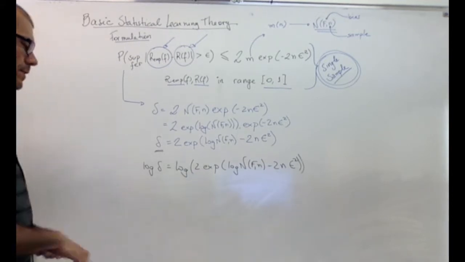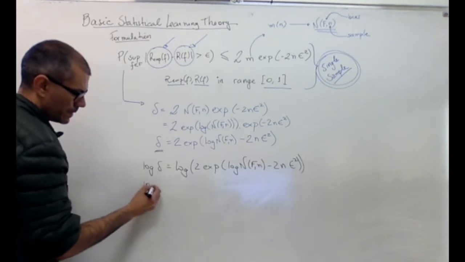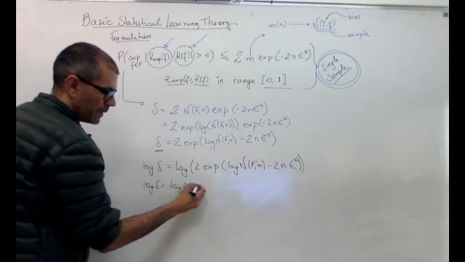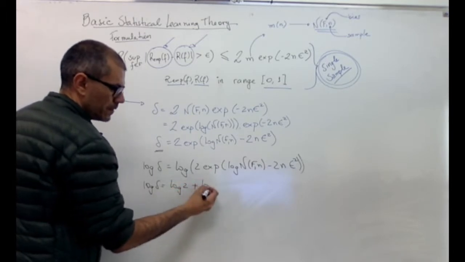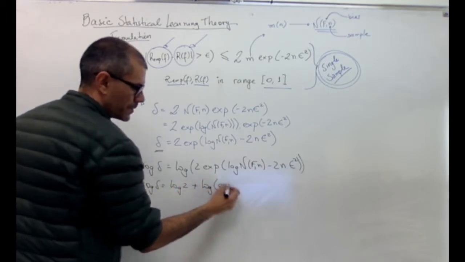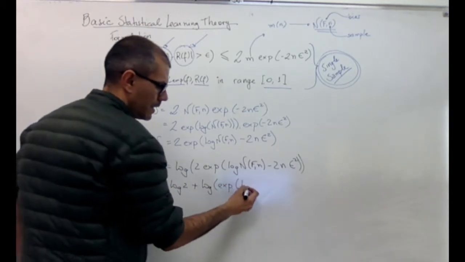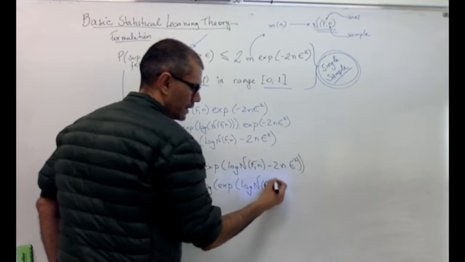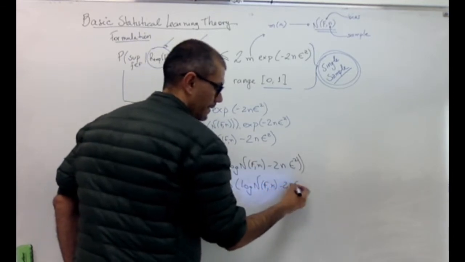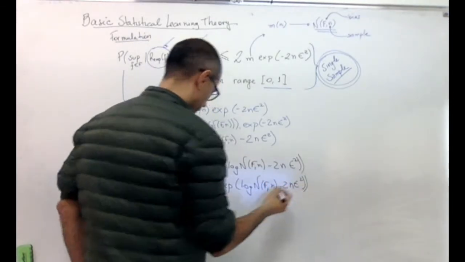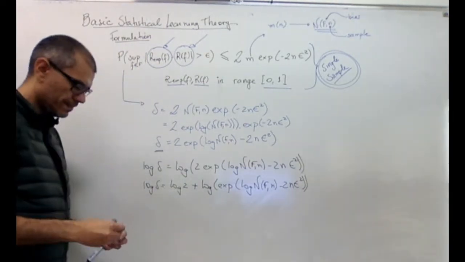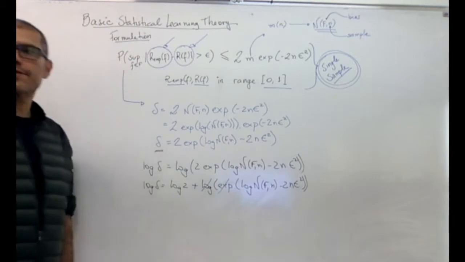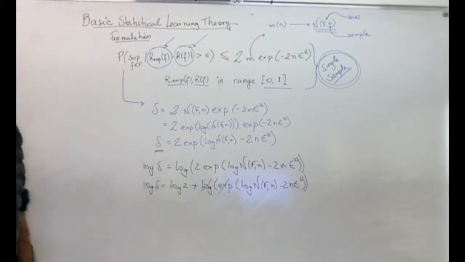So log of delta equals the log of 2 plus the log of this exponential function. That helps me take out the exponential function, so I can cancel it out.